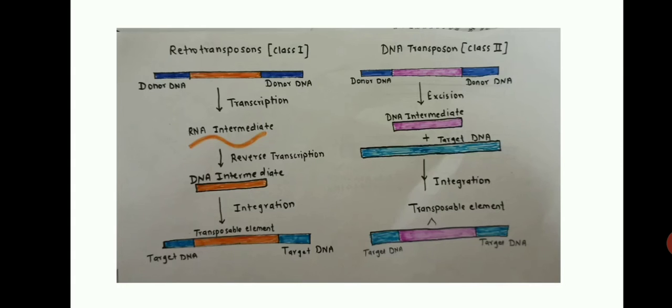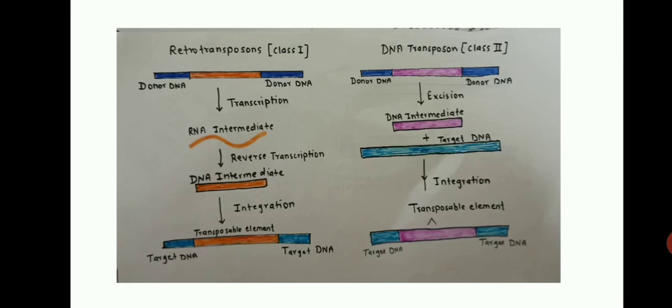This is the first step, and then this RNA intermediate gets converted into the DNA intermediate with the help of the reverse transcriptase enzyme, and the process is called reverse transcription. This is the key step, and that's why it is called the copy and paste mechanism. Let's see how. This formed DNA intermediate gets incorporated into the target DNA, which is indicated by the light blue color here.